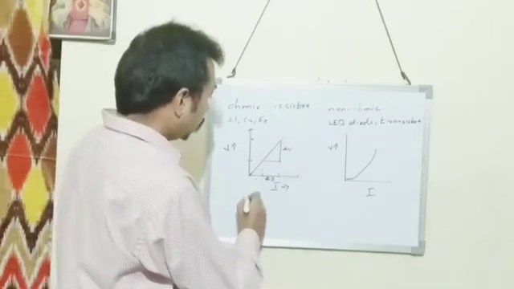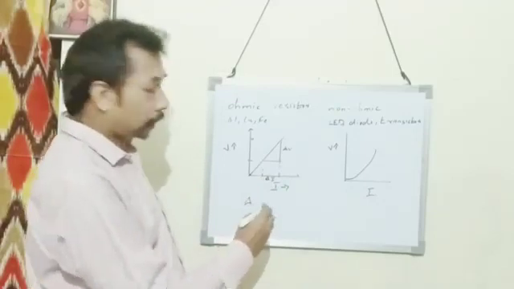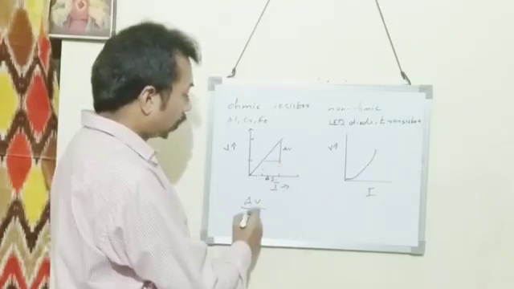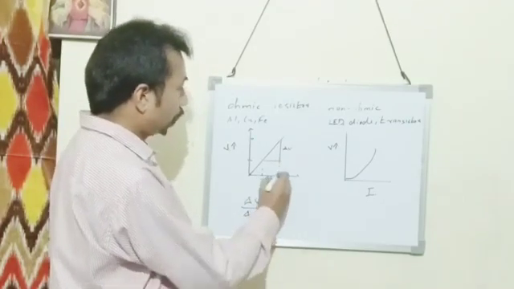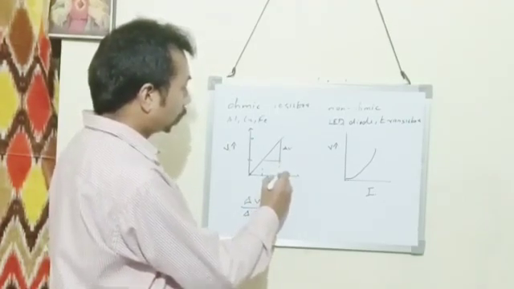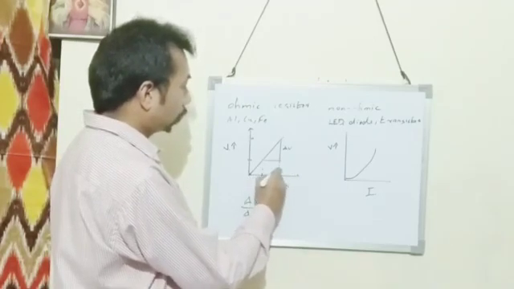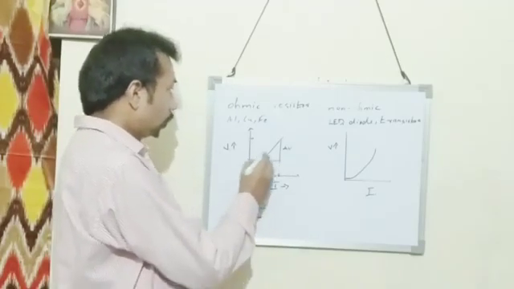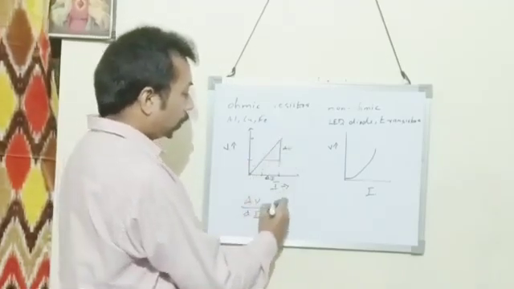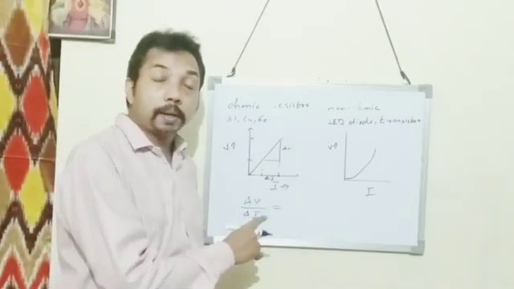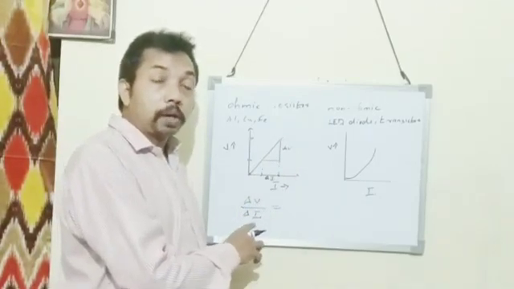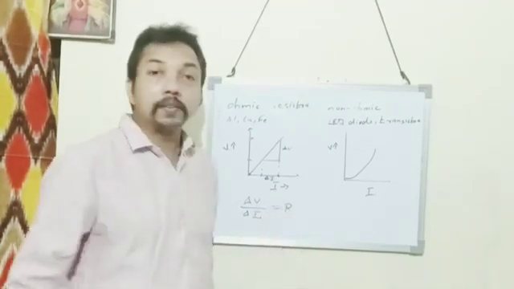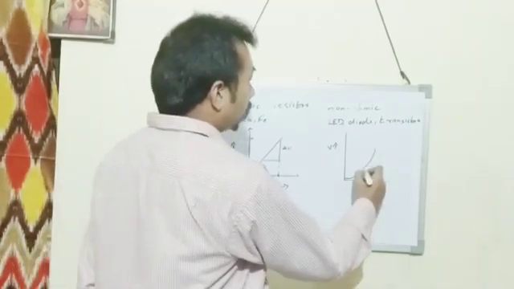So this slope, delta V upon delta I, gives the resistance. In this case also we get the same thing.